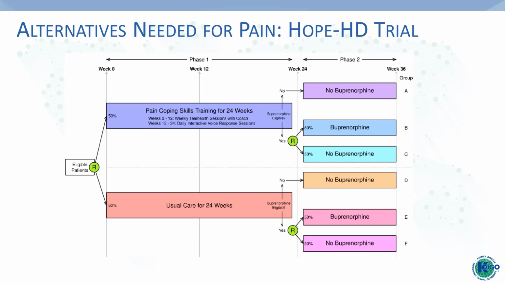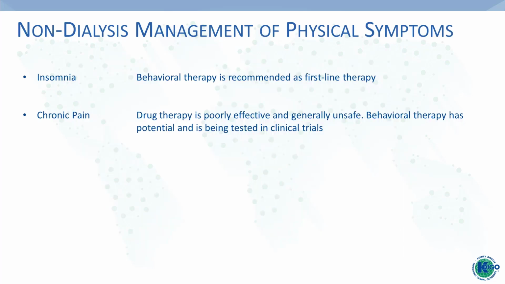I'm not going to talk about this section on buprenorphine, but essentially to point out to you that the first and the largest multi-center clinical trial for reducing pain is ongoing, funded by the NIH in the United States, and we would have some answers with regards to behavioral therapy in the next 3 years. So to summarize here, with chronic pain, the drug therapy is poorly effective, generally unsafe.